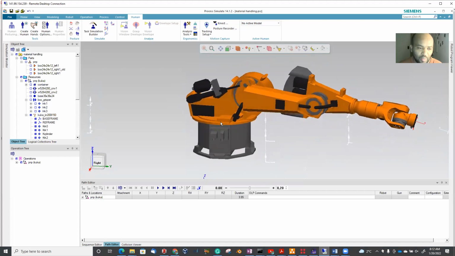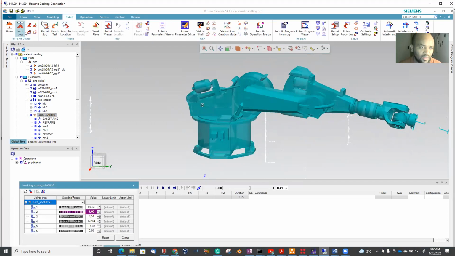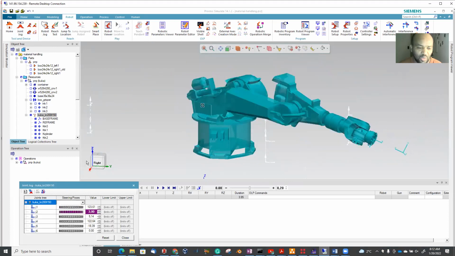For example, from this you can see the base frame of this robot is assigned along the z-axis.